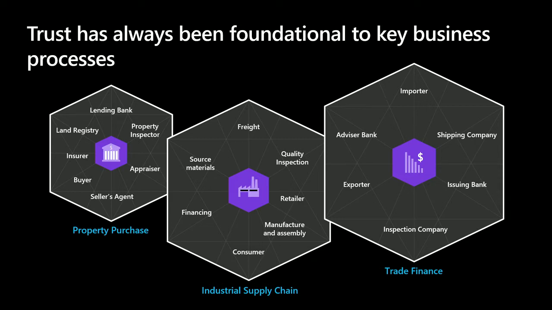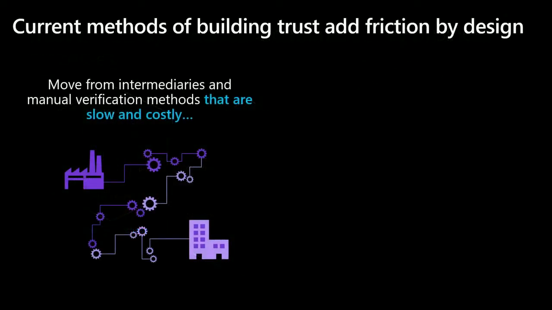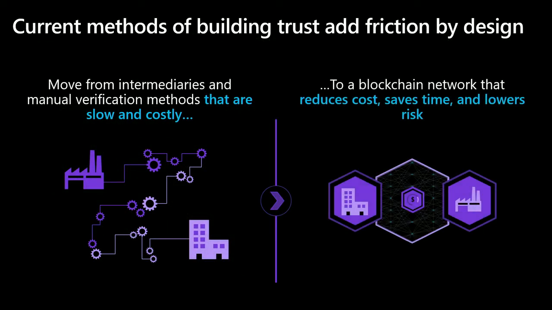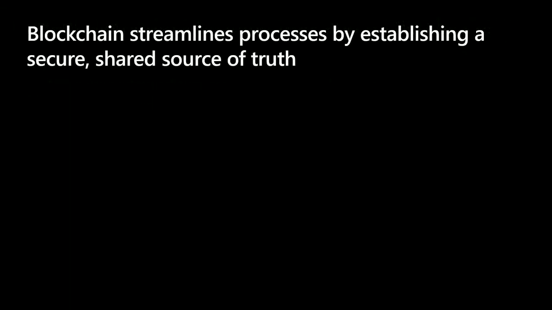We were working on it even prior to that, but that's where it comes in. Current methods for building trust are frictionful by design, right? You either have intermediaries in place, auditing processes in place, and blockchain helps to remove a lot of that and save a lot of time in the long run.